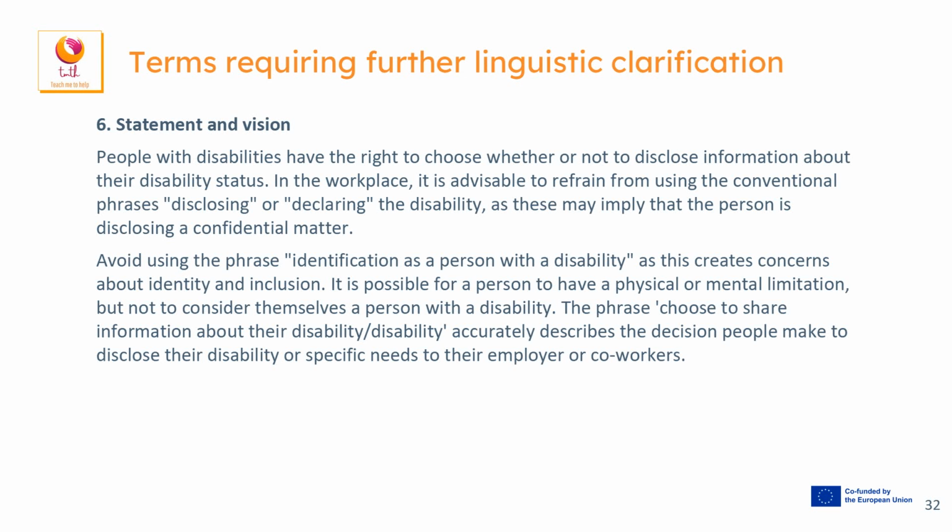Avoid using the phrase identification as a person with disability, as this creates concerns about identity and inclusion. It is possible for a person to have a physical or mental limitation, but not to consider themselves a person with disability. The phrase choose to share information about their disability accurately describes the decision people make to disclose their disability or specific needs to their employer or co-workers.